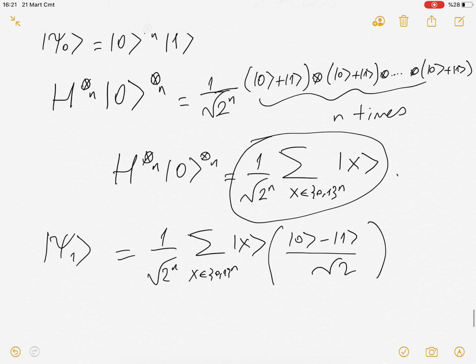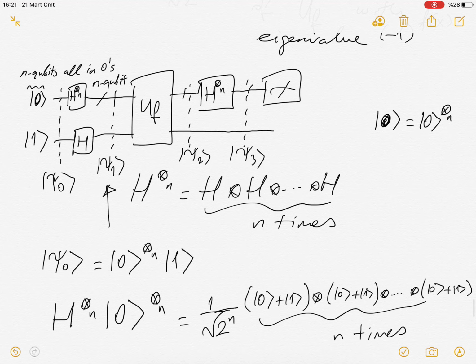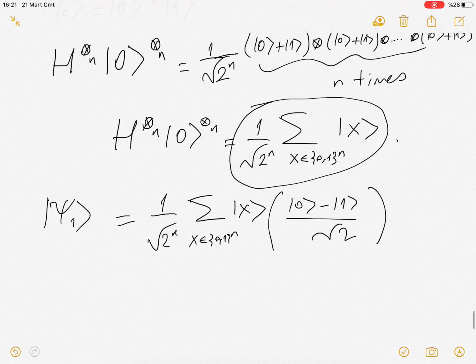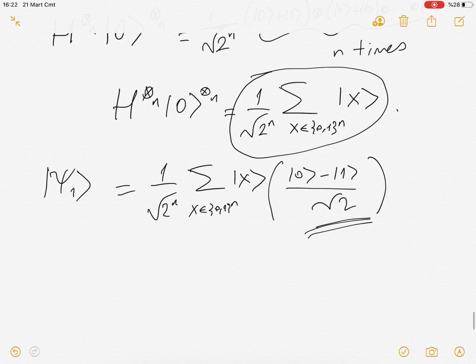Now, what happens if we apply Uf here? Let's try to write psi 2. Remember that the target qubit is in a minus-phase superposition, so it's going to act as an eigenvector. Because this superposition state is an eigenvector for Uf with the eigenvalue minus 1 to the power f of x, we're going to have a phase kickback in front of the amplitude of the first register.